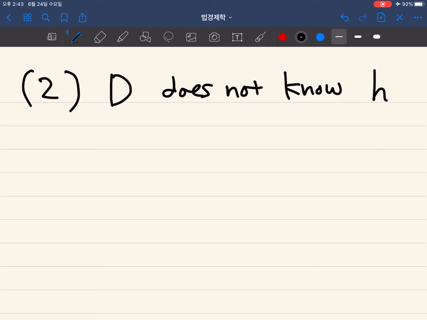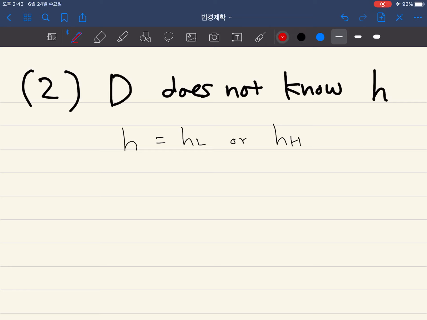So if something goes wrong and there is an accident, harm can be either a small amount or a big amount, but the defendant does not know whether harm is gonna be small or big. Now we're gonna see that in this case, accuracy has no benefit in our society.